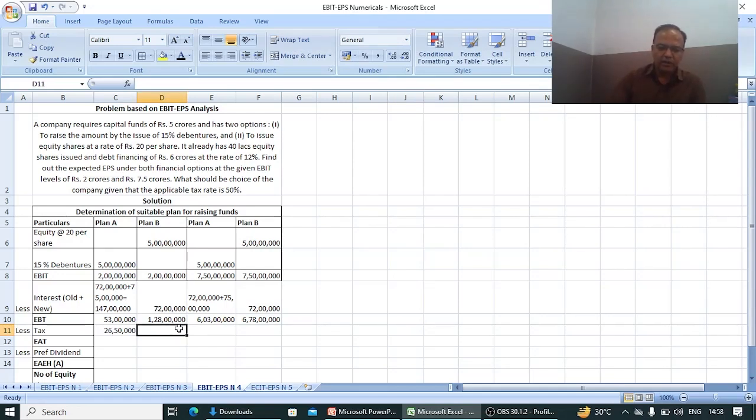Now here 128 lakh, 50% is 64 lakh. 603 gives 301.50, and again here 678 gives 339.